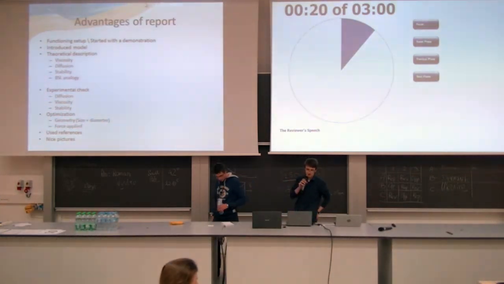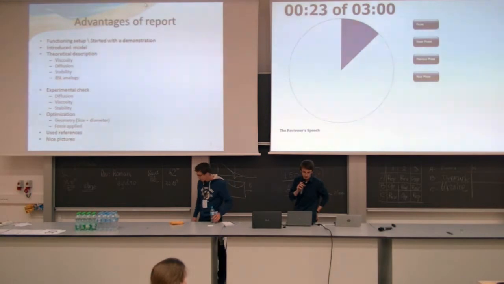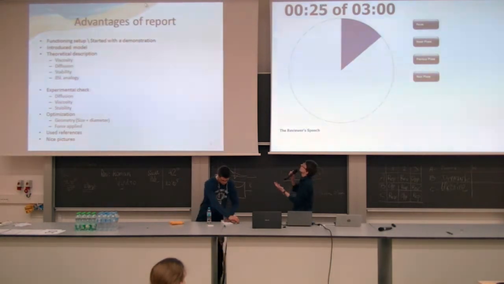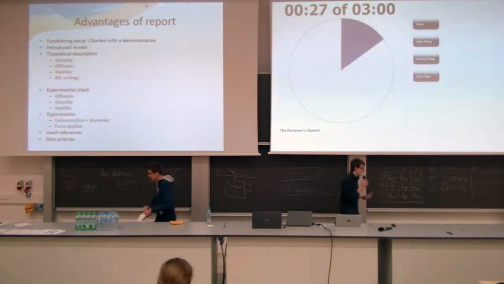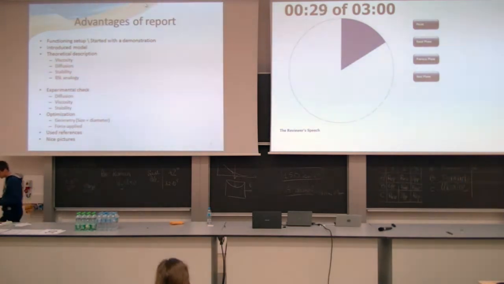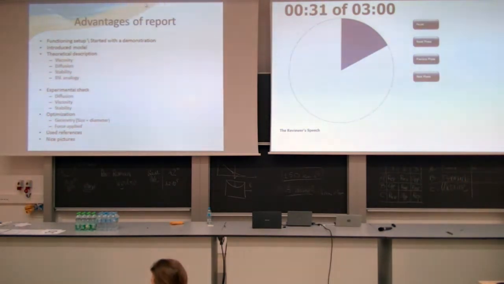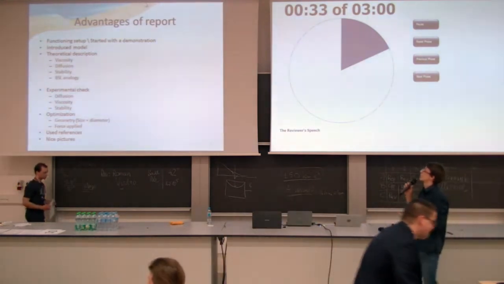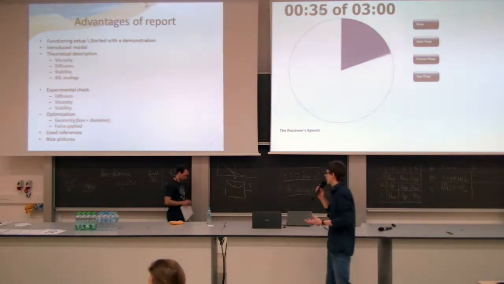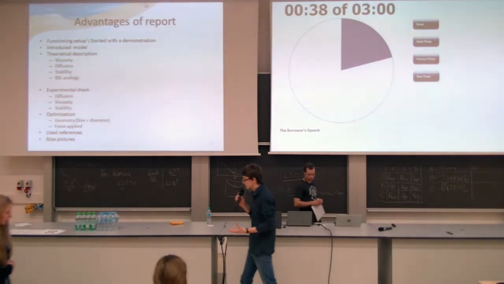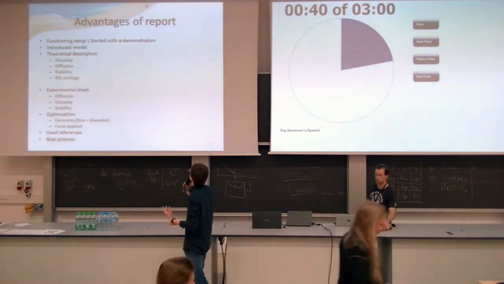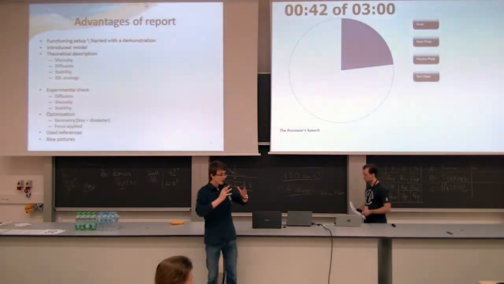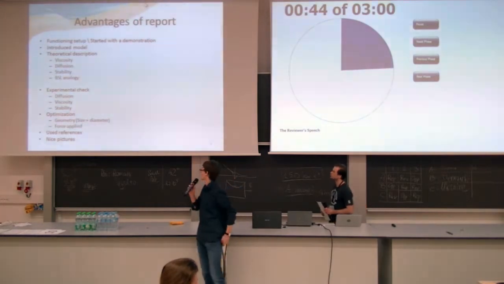We'll start with the advantages of the report. We think that you presented the experimental setup, which was really useful, and you started with an elegant and short demonstration of the phenomenon right on the first slide that gave us an understanding of what we're going into. You introduced your model where you talked about what a vortex is and how long it lives and so on. That gave us an understanding of the framework in which you're going to work.